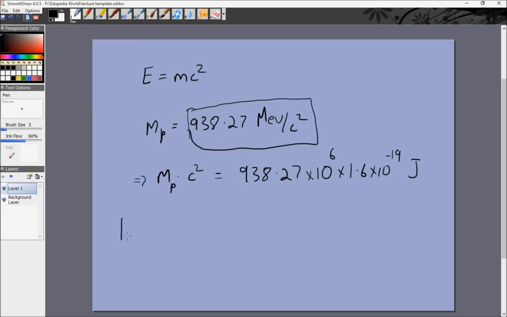What is 1U? 1U is the universal, or sometimes called the unified atomic mass unit.